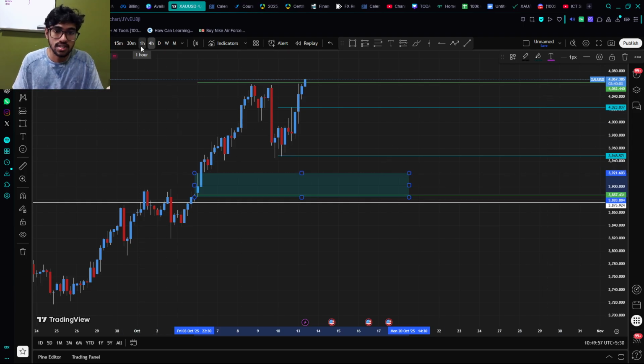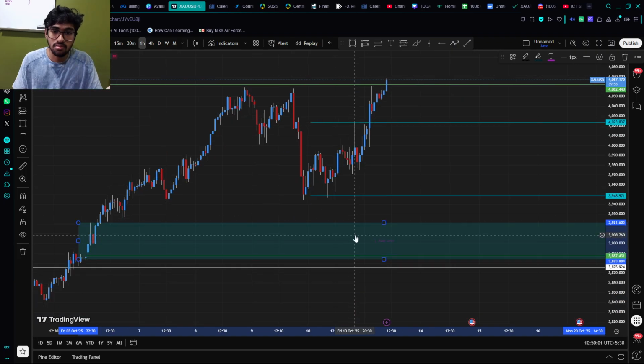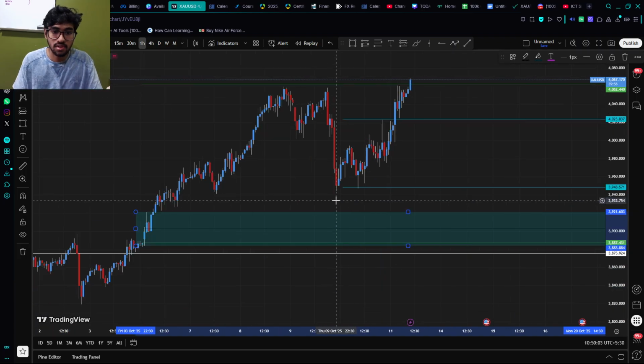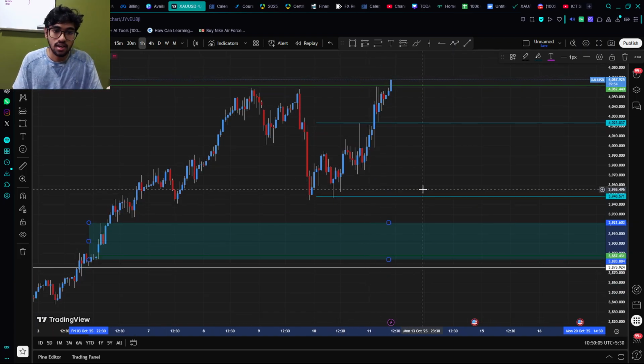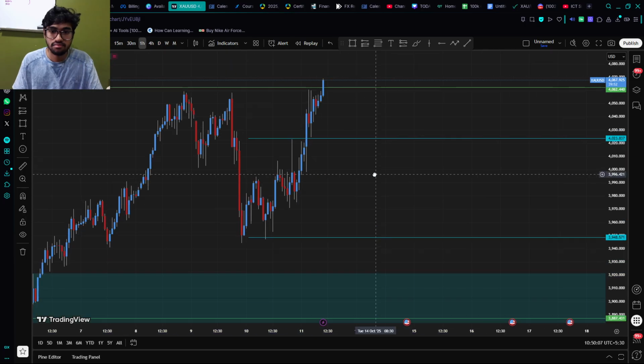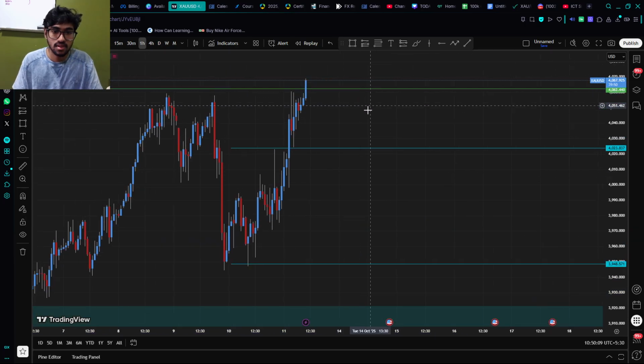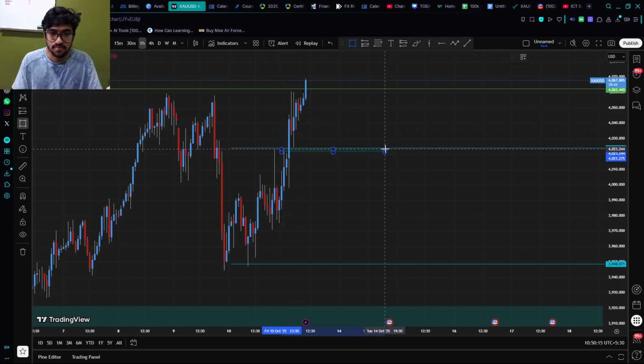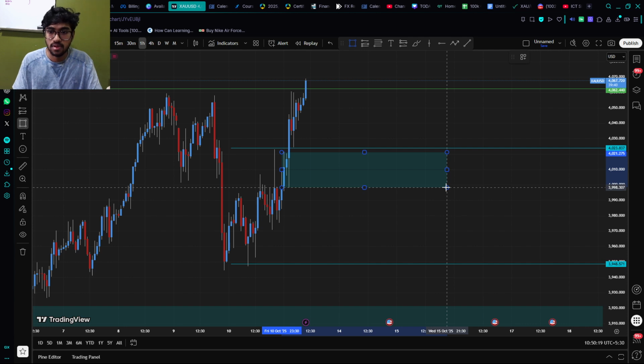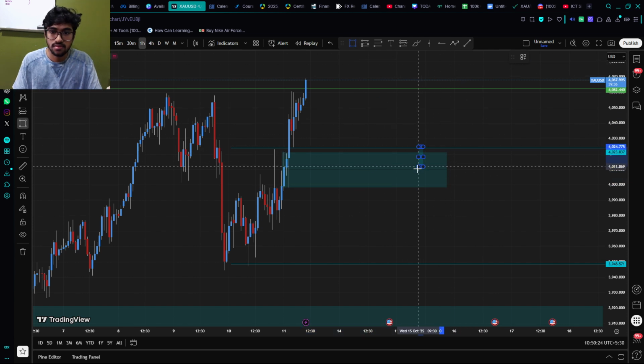This is on the 4 hours, but that is too much to ask for price to move today, especially with the bank holidays. On the 1 hour, we can see this region. This region could be pretty good.